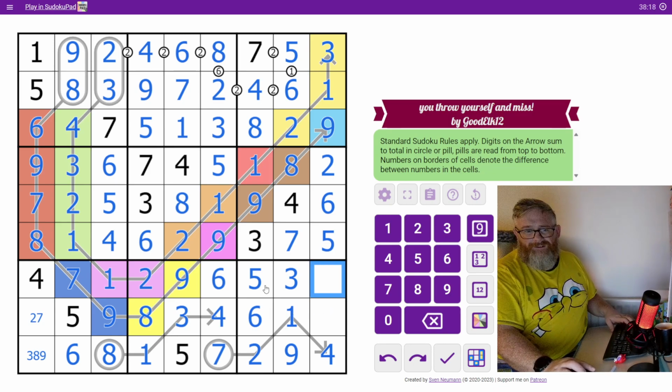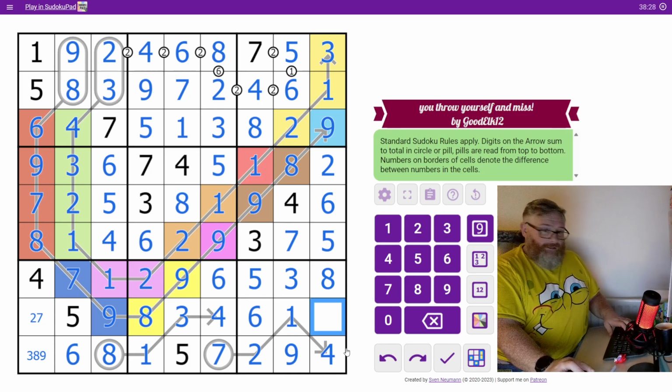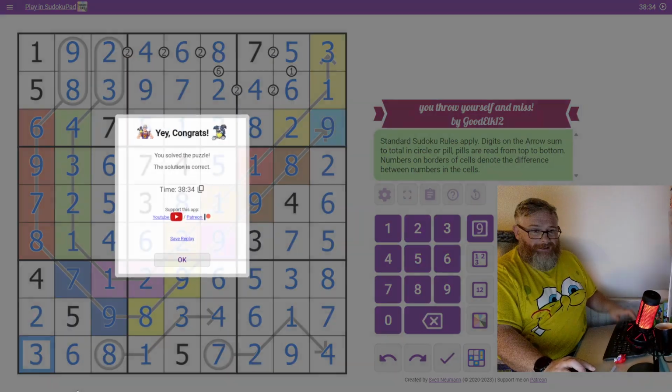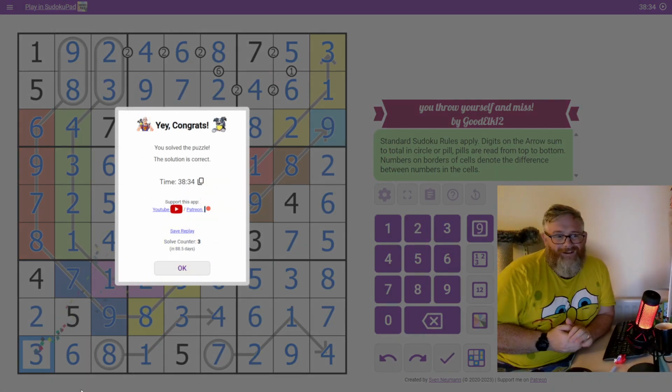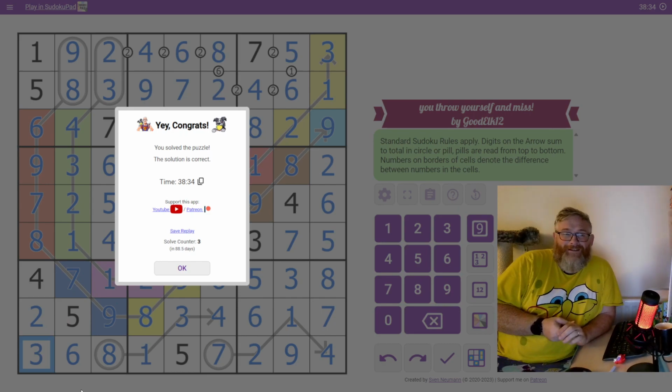No, 4 is at the start. 5, 6, 7, 8. We're missing an 8. And in this box we're missing a 7. Okay, so that is 2 there, which makes sense. And this is going to be a 3 in the corner. Here we are, celebration. And that time I did it in 38 minutes 34.